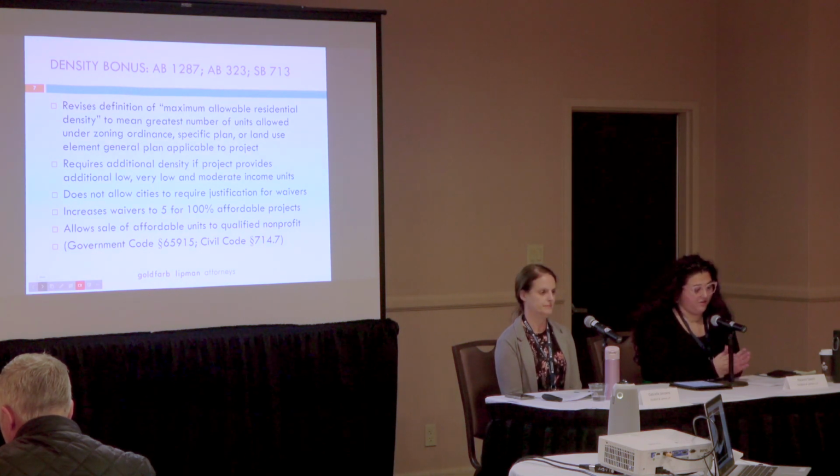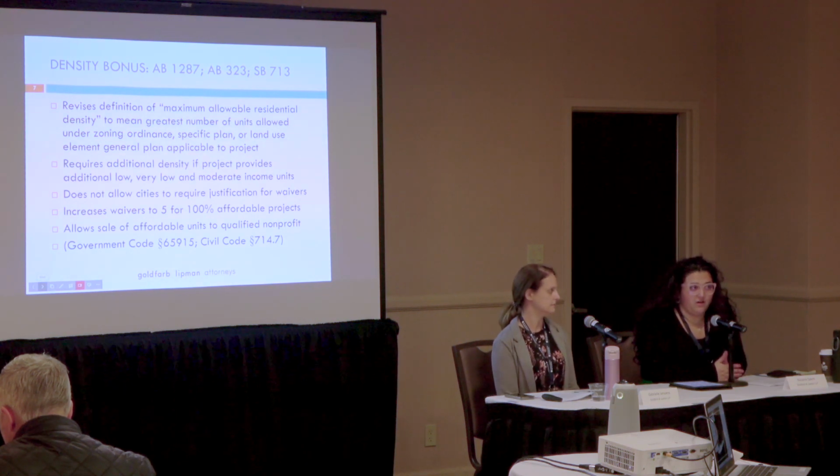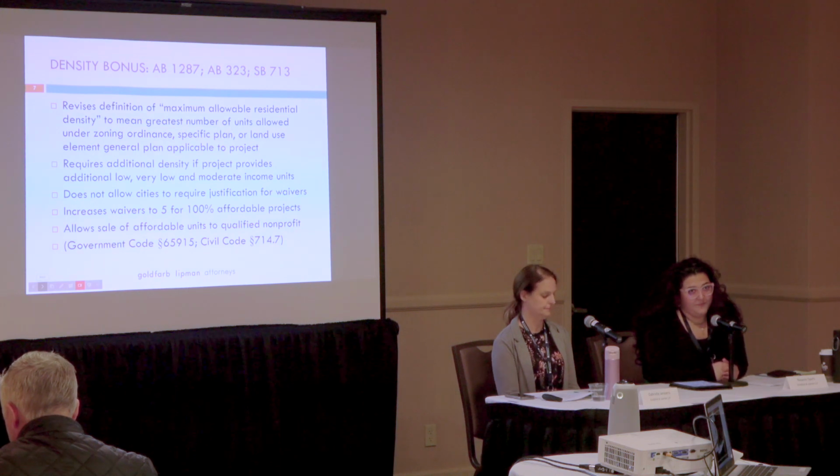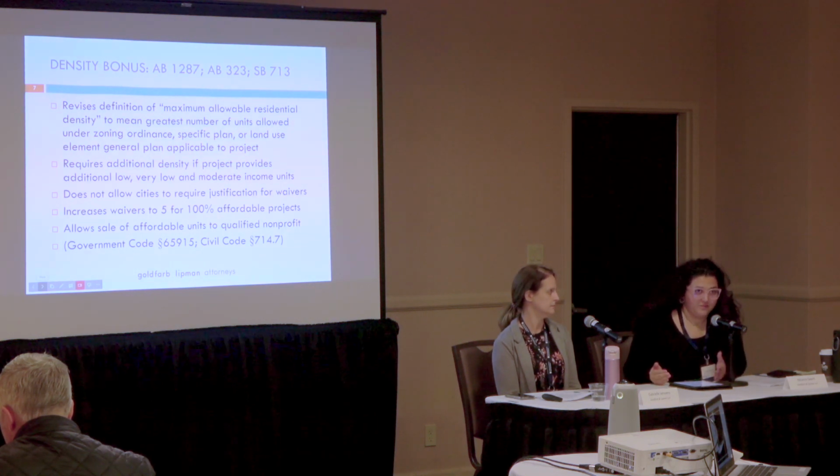For instance, on a 1 acre parcel, it's 20 dwelling units per acre. That would be your base density in that case. And what density bonus law says is, if you provide X amount of lower income units, very low income units, then you get X amount of additional density.